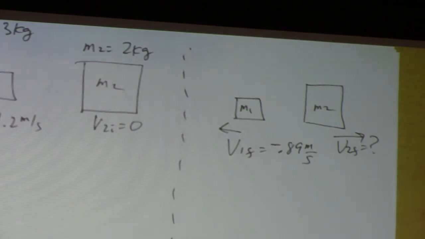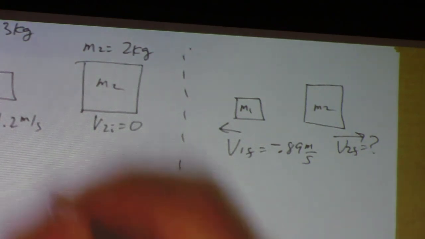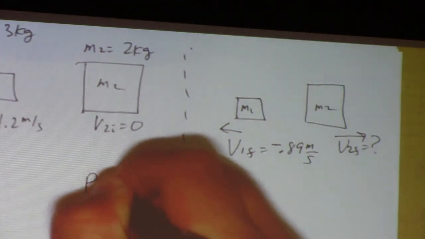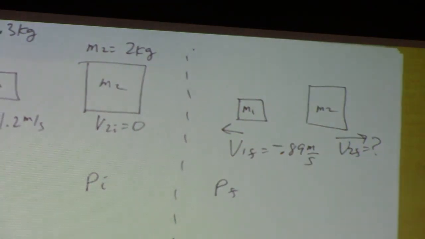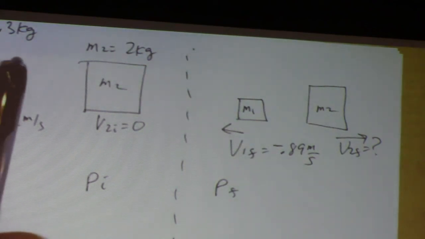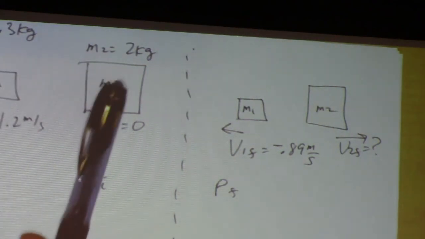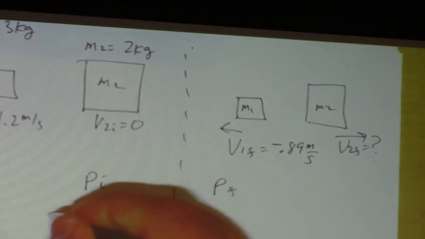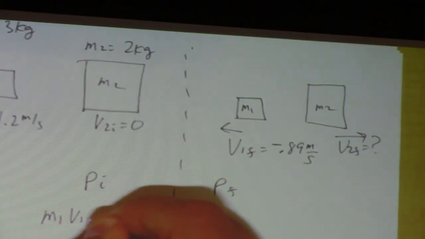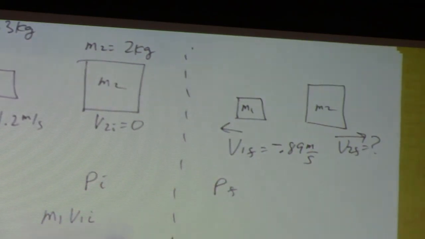They interact via magnets. So the initial momentum is equal to the final momentum. Now the initial momentum is just made up of momentum from the first one, because this one's not moving. So this would be mass 1, velocity 1, initial. Now the book likes to write mass 2, velocity 2, initial.